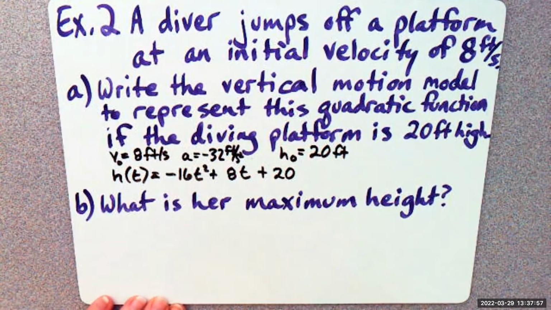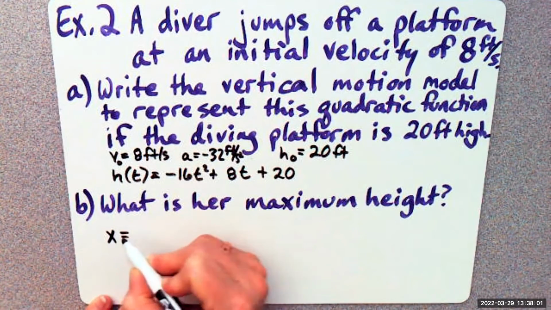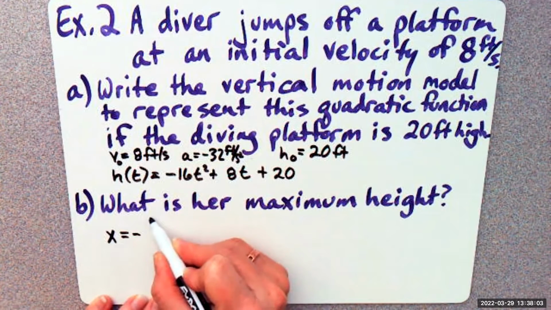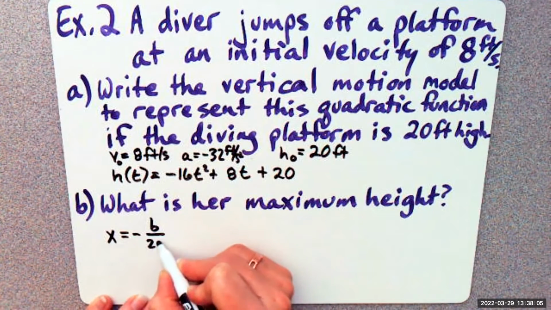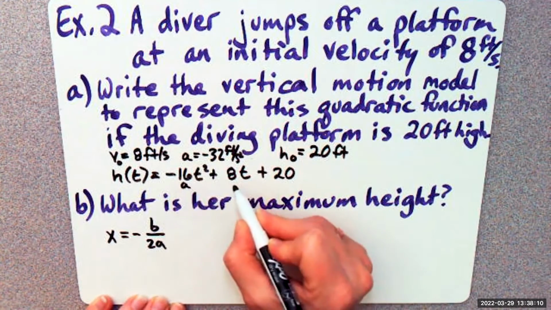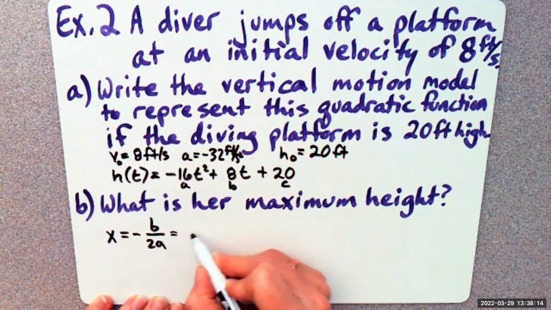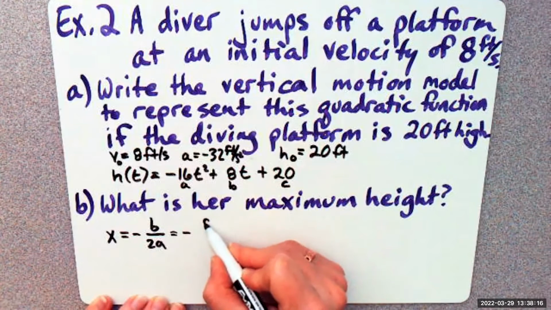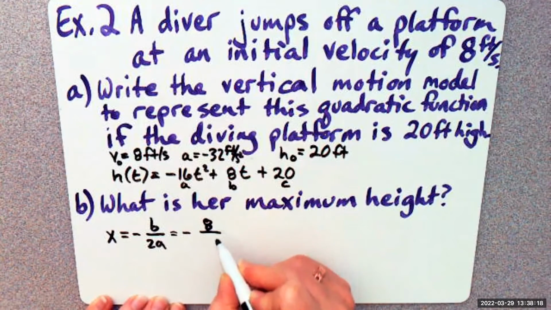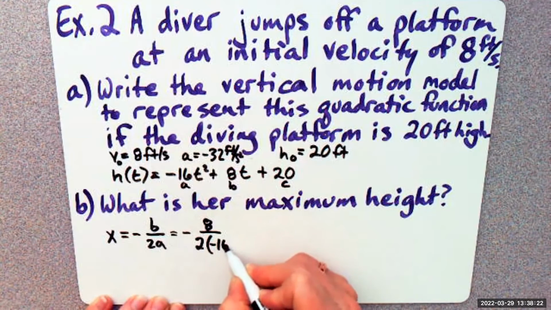So we can find our maximum height by finding the axis of symmetry. That would be this formula, negative b over 2a. We have a here, b here, and c here. So this is going to be negative 8, which is b, over 2 times negative 16.